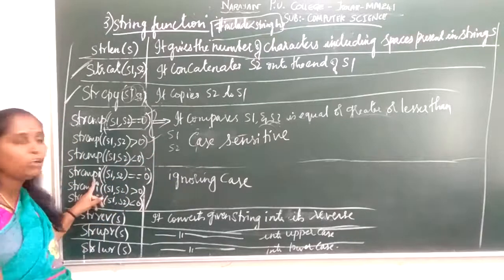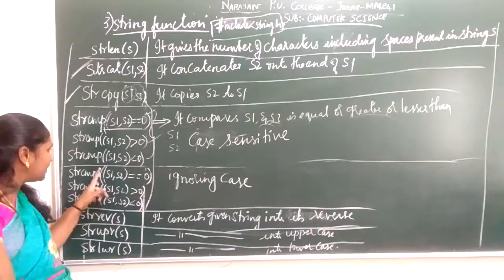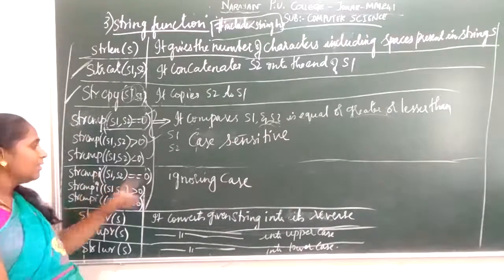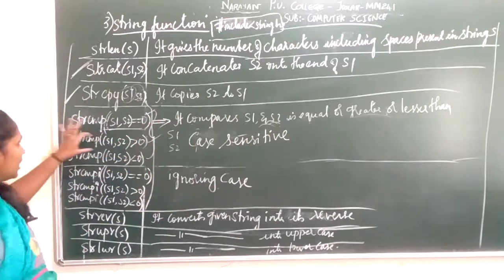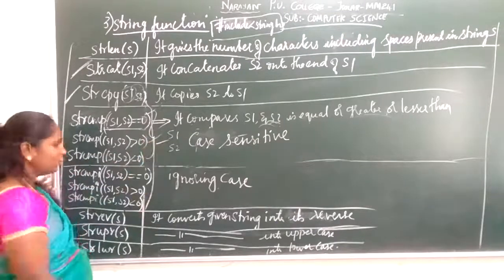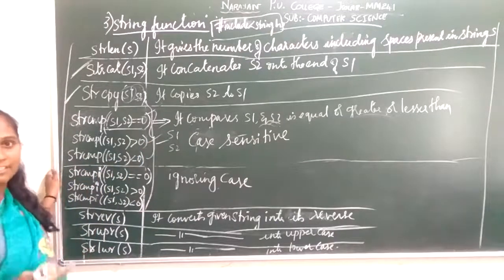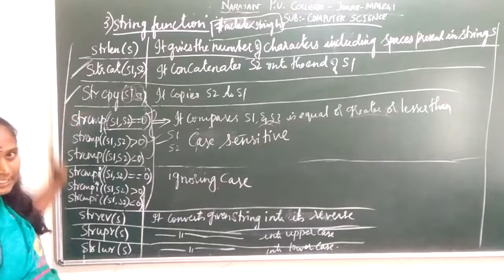But when you want to ignore the case, you have to represent it with I. I indicates ignoring the case. The functionality is the same for greater than or lesser than, but here it considers case and there it does not. That is the difference, but the functionality is same.